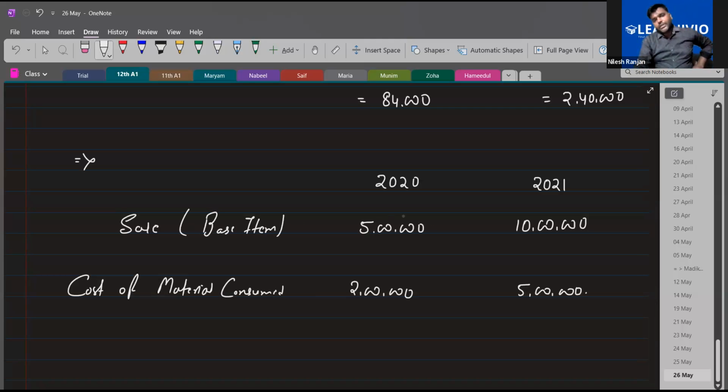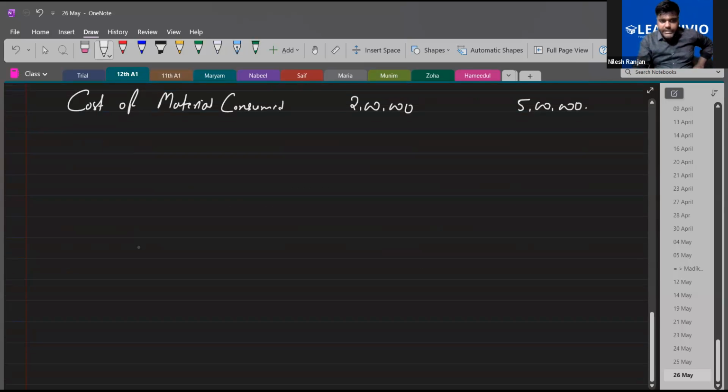It means on the basis of this, we have to convert into the percentage all other items. So it is 100% because 5 lakh divided by 5 lakh. The formula of converting the common size percentage calculation is individual item into 100 divided by base item.